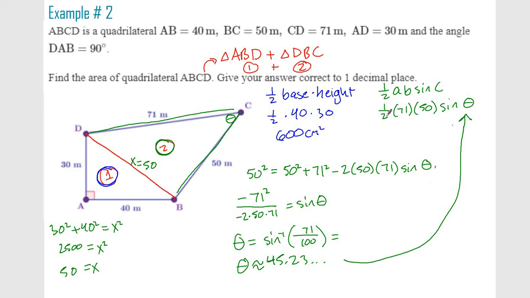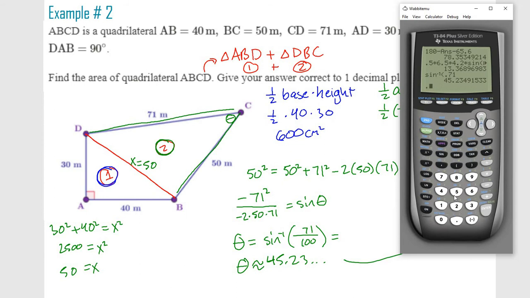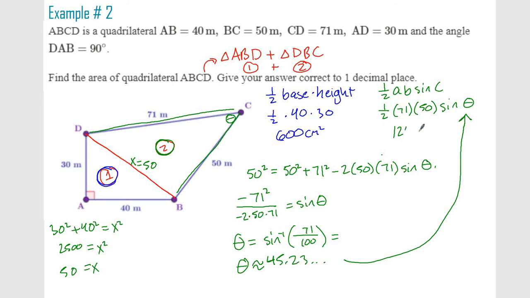Now we can just plug that in up here. We do the sine of that angle times 1/2 times 71 times 50. So 0.5 times 71 times 50 times sine of our previous answer, and we get 1260.25 square centimeters, and we add 600 to that.